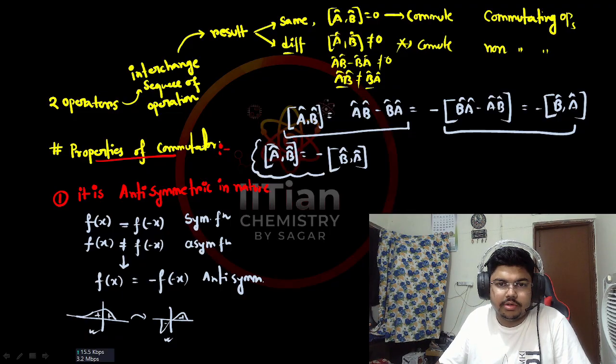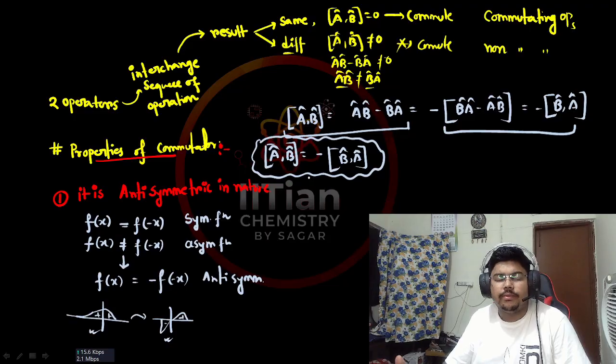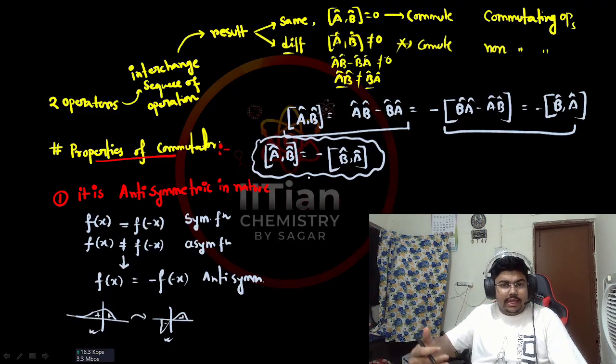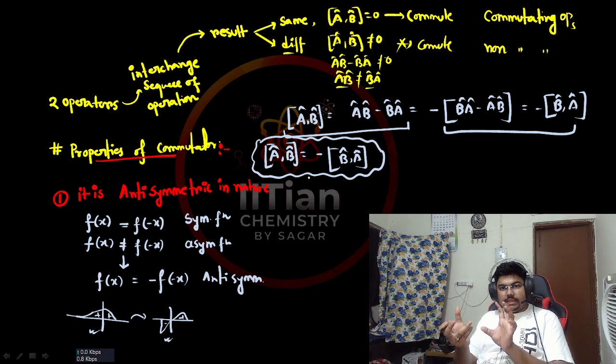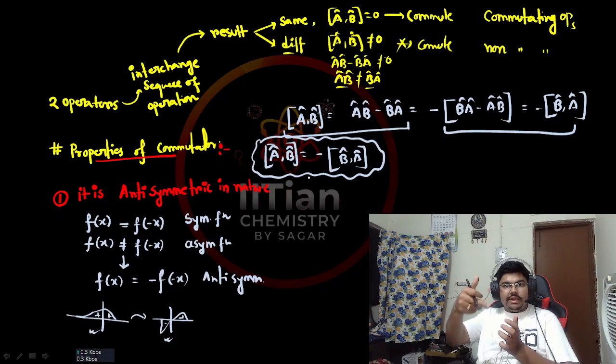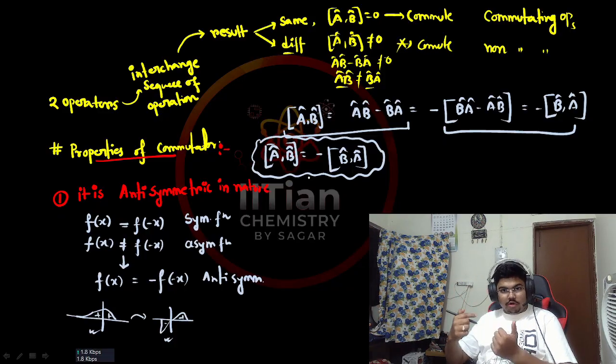Clear? So why am I teaching you this? Because in quantum mechanical calculations, there will be so many different operators involved, and you have to know where you can reverse it, where you cannot, where you can reverse it or put a minus before that, where you cannot.